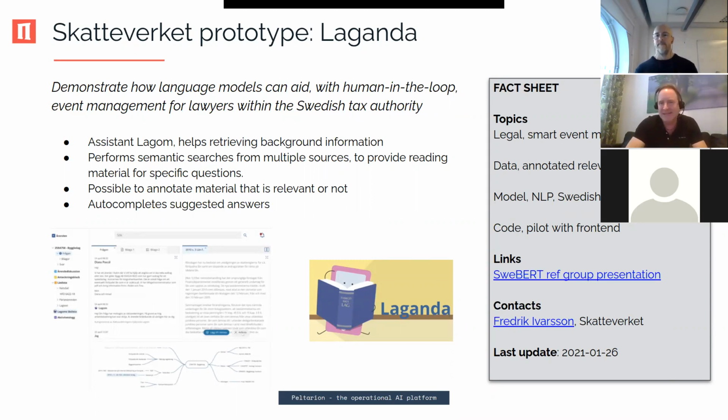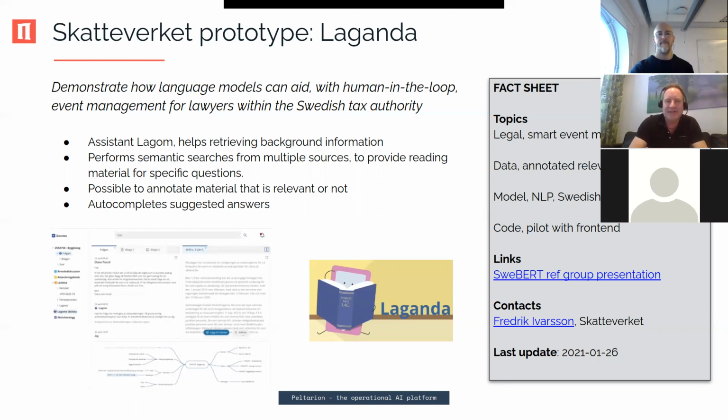So if we have some people from the tax authority, please let me know if something that is written here is wrong. But the point is that this is something that can work with some legal aspect, which is how you handle event management in a smart way. This is more from an application point of view, so I'm not sure if it should properly be placed in the legal category, so to speak.